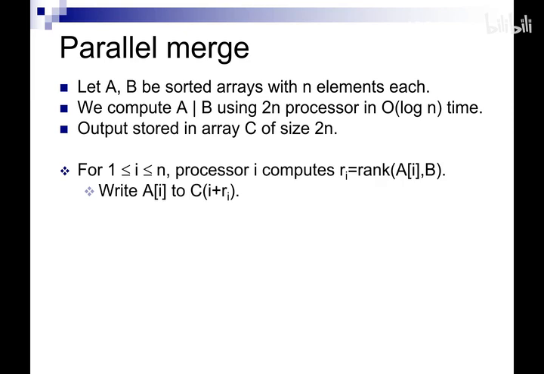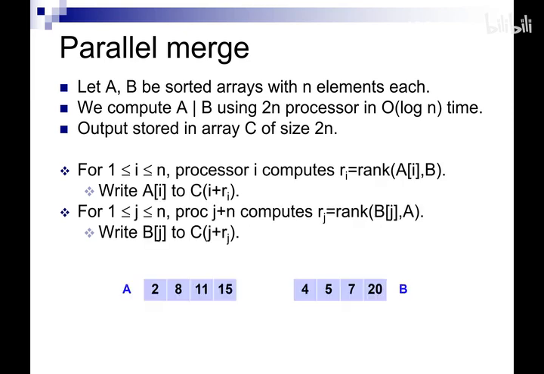The way we do this is, we have 2n values overall and 2n processors, so you assign one processor to each value.